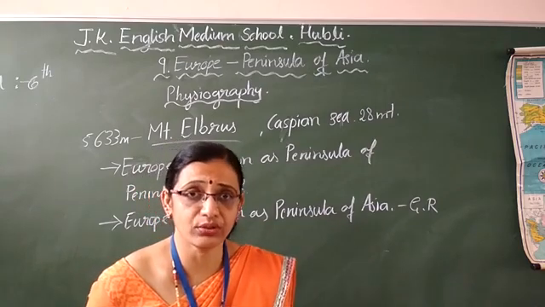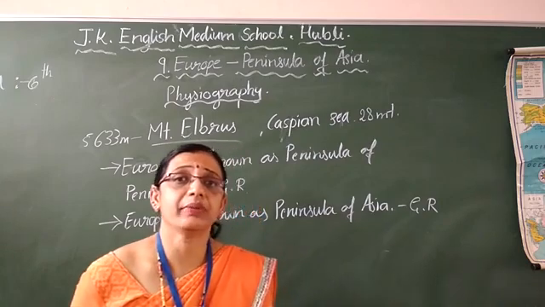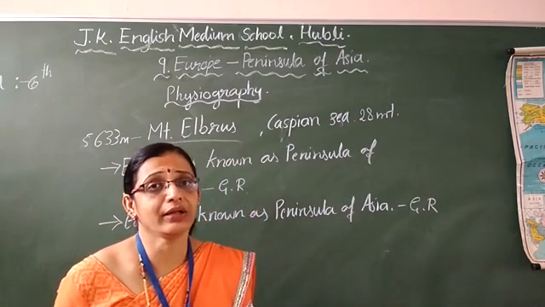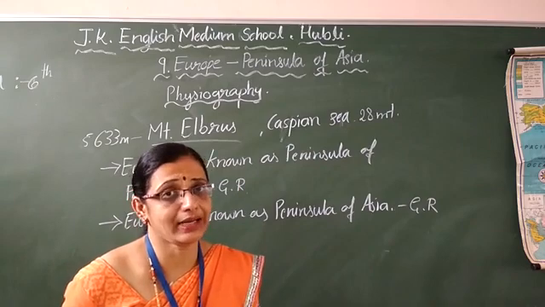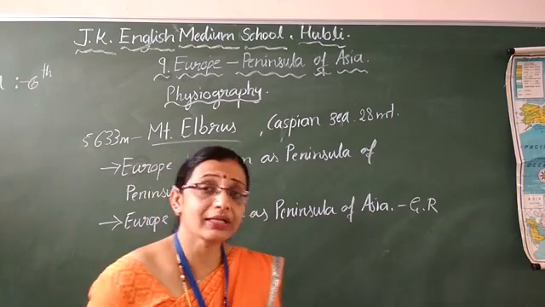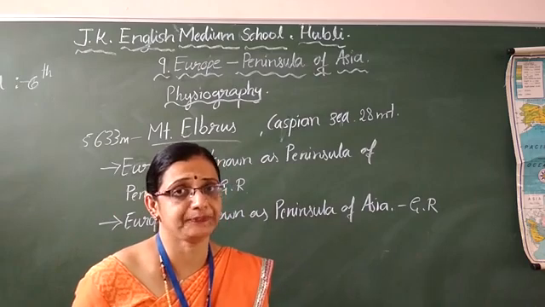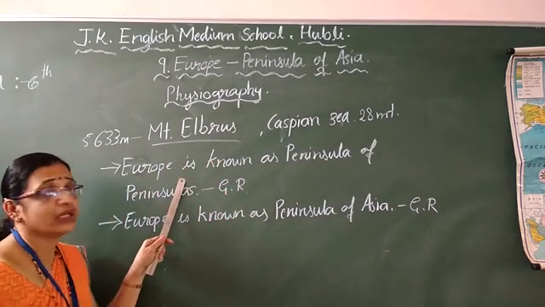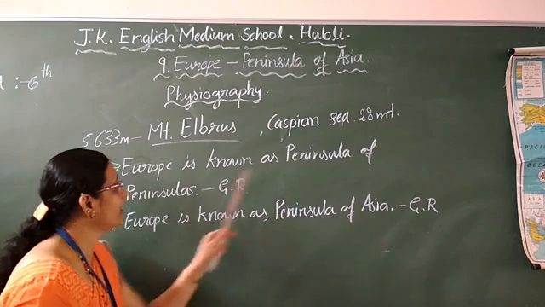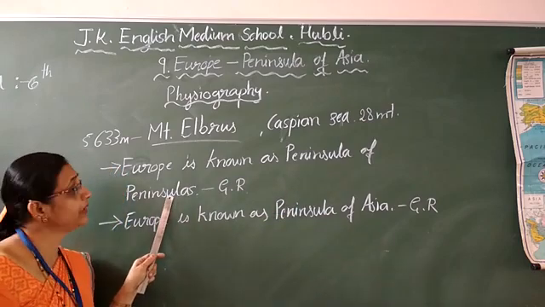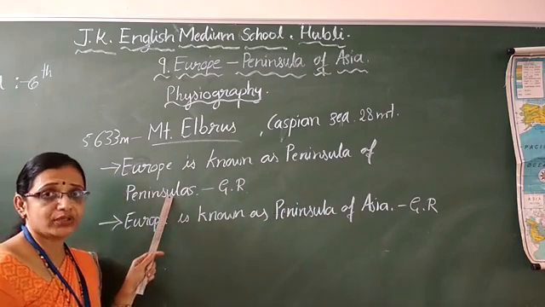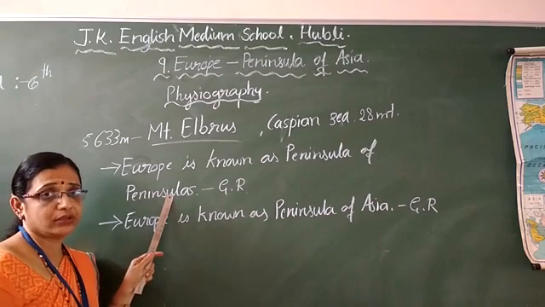From the south, Indian Ocean is there. In the east, Bay of Bengal is there. Only in the north part it is having the land. Like that, a number of countries are peninsula countries in the Europe continent. Because of this reason, it is called the Peninsula of Peninsulas. I hope you understood the meaning of this one.